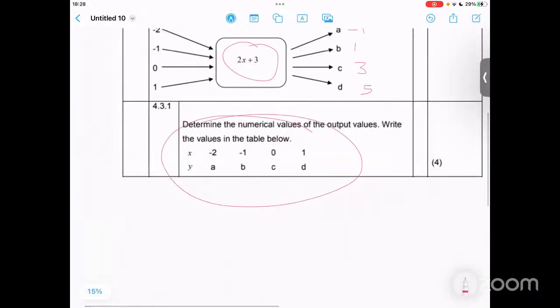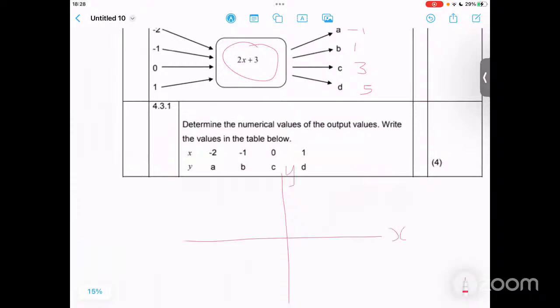Okay, let me try to do this. So we're going to have y values when we have x values. Then we have 0 here. And we're going to have what?